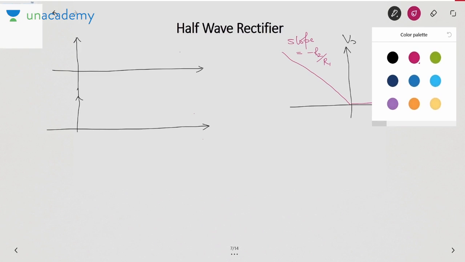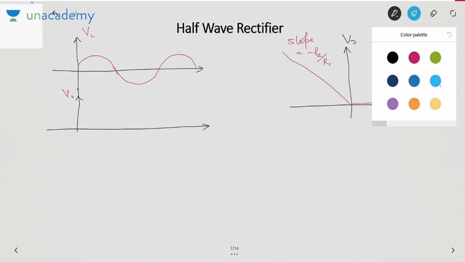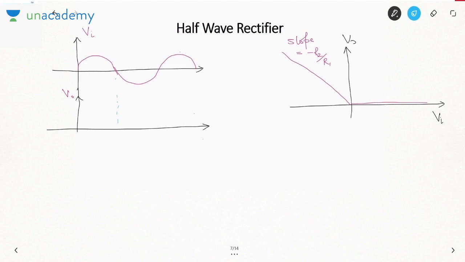So first let me take a sinusoidal waveform for Vi, like this. What about V0? When Vi is positive, V0 is 0 in the positive half cycle.